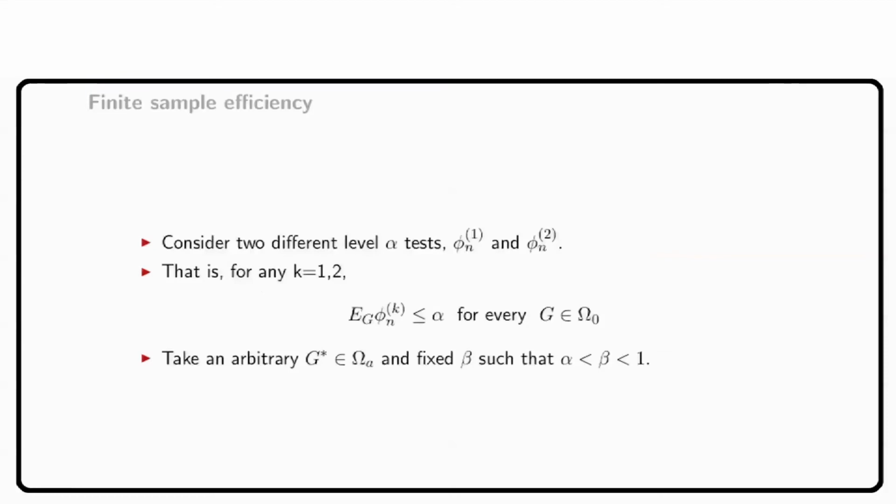Consider two different level alpha tests denoted by phi n upper 1 and phi n upper 2. That is, for k equal to 1 and 2, the expected value of phi n upper k under G is less than or equal to alpha for every G belonging to omega naught. Take an arbitrary G star belonging to omega A and a fixed beta such that alpha is less than beta, less than 1.